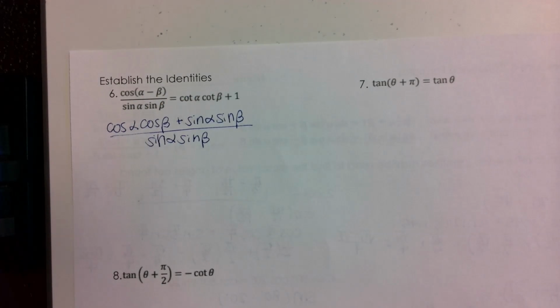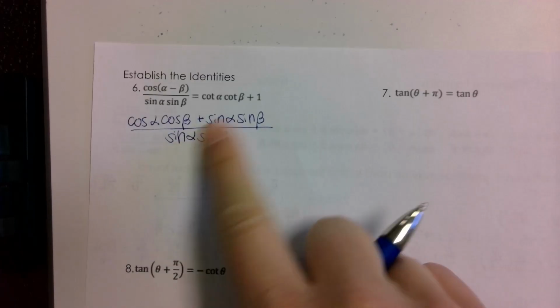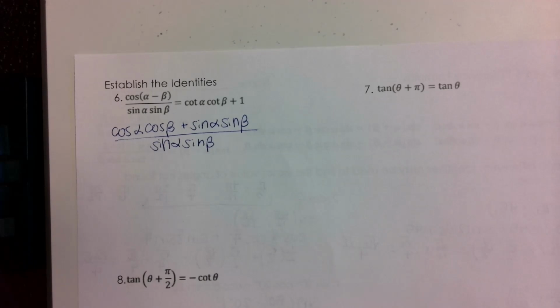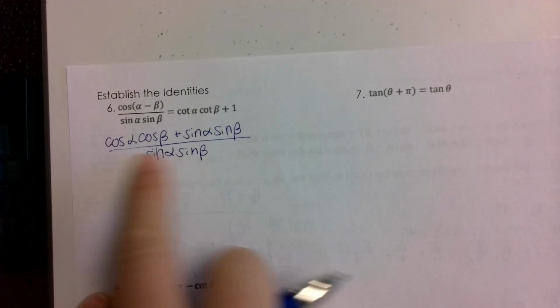Alrighty. Could we just cancel those sines? No. No, why not? It's bound by addition, so we can't do that. So what should we do from there? Split it. Split it into two separate fractions. Does that make sense? So we'll take this stuff over sine and then this stuff over sine.